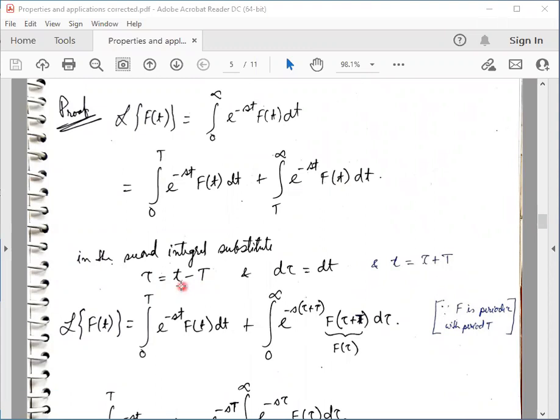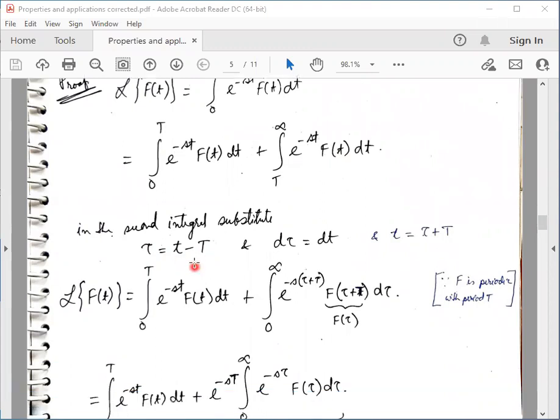Then d tau is equal to dt, and t is equal to tau plus T. So in the second integral, we replace t by tau plus T, and dt by d tau. The first term remains unchanged. In the second term, f of t becomes f of tau plus capital T, and small t becomes tau plus capital T.